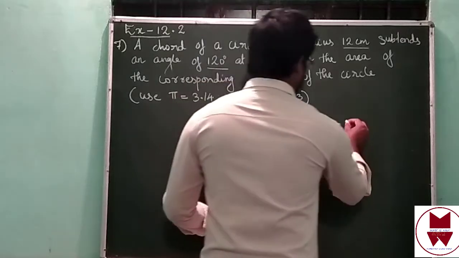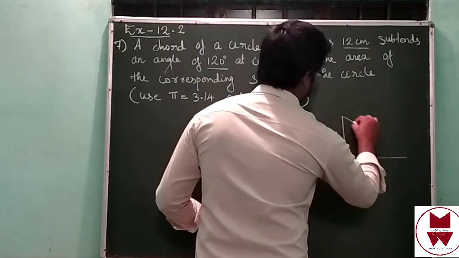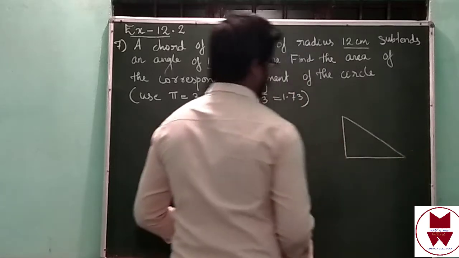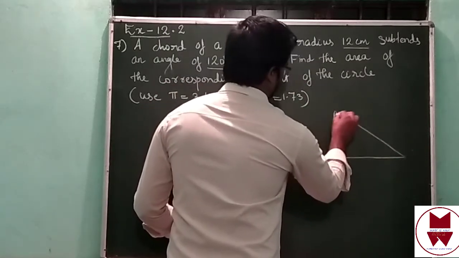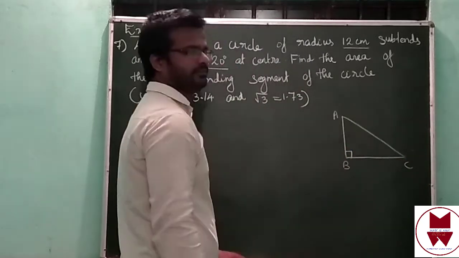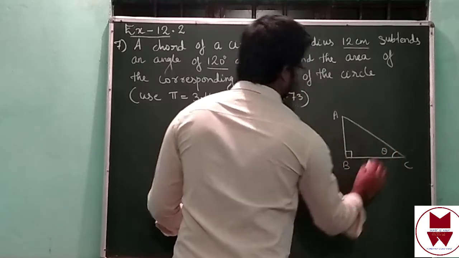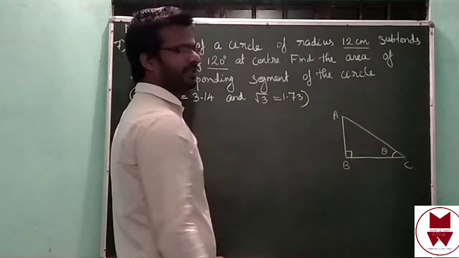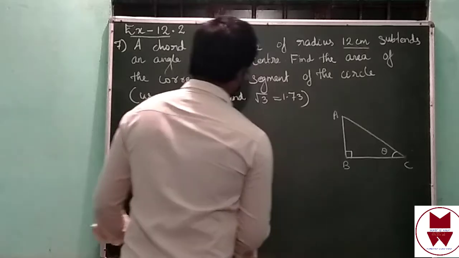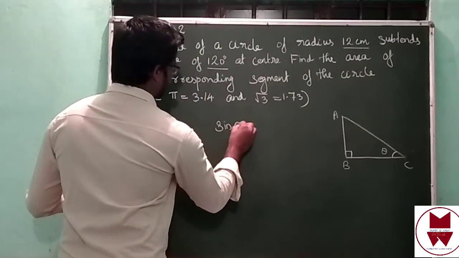First, consider one triangle, and we can name it A, B, C. B is the right angle. Here is theta, an angle that may be 30 or anything. From here we can find sine theta.